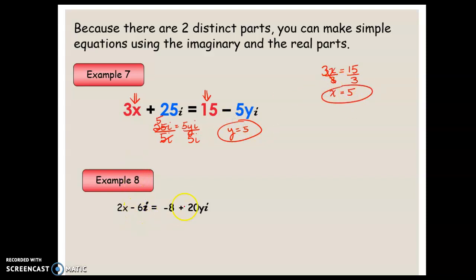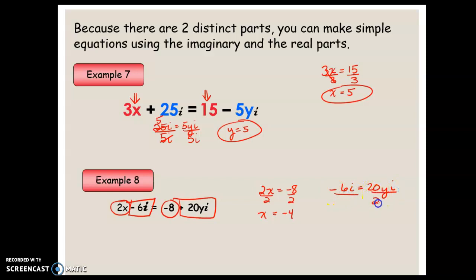All right. In this case, I didn't put the colors in for you, but you've still got the real part versus the imaginary part. So you're going to have 2x equals negative 8. Divide by 2, so x equals negative 4. Or negative 6i equals 20yi.